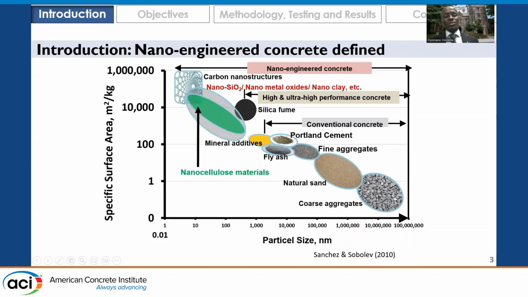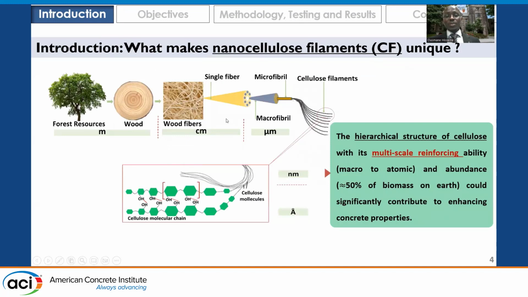So here the nanocellulose materials we are working on fall in this category with significantly high surface area as well. And most importantly, what makes them unique is their abundance. More than 50% of the Earth's biomass is nanocellulose, and also their reinforcing ability that imparts intrinsic strength to plant-based materials.